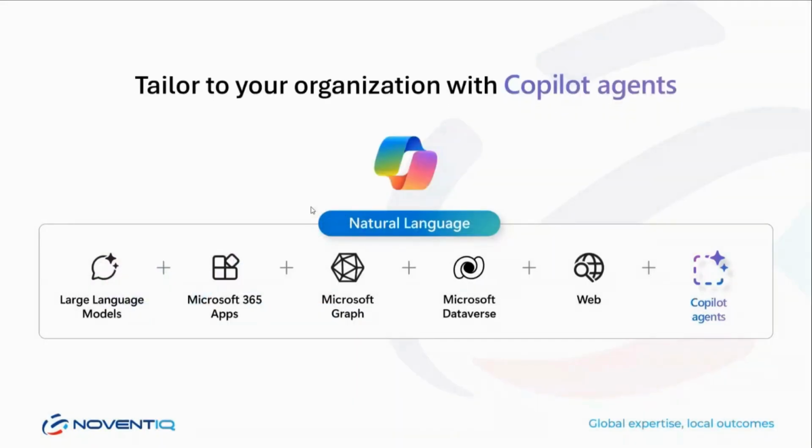So going ahead, the concept of extensibility, the concept of M365 Copilot and agentic copilots or agents, is something that has come in recent years, right?